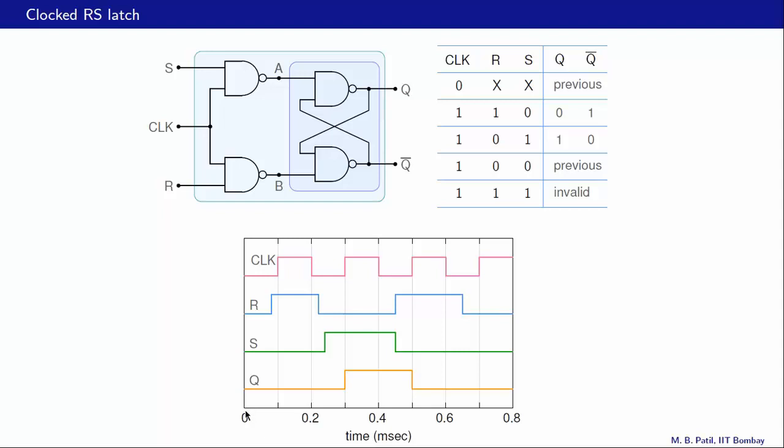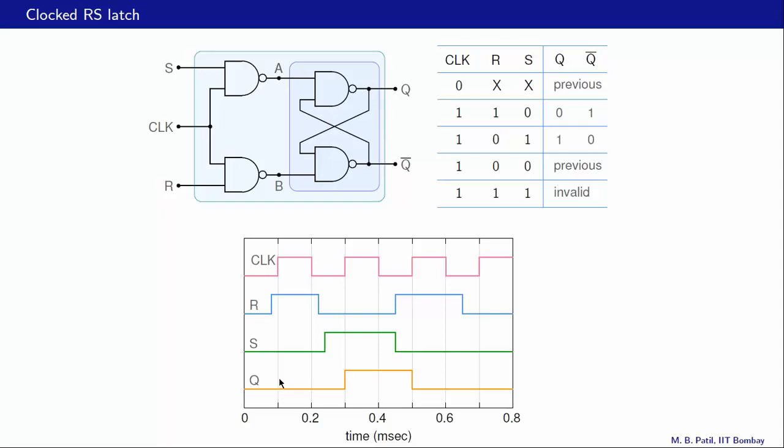So at T equal to 0, we have Q equal to 0. Now, as a result of these inputs and the clock waveform, let us see what Q should be. Point number 1, nothing would happen when clock is 0. So up to this point, nothing is expected to happen, because when clock is 0, Q just continues with its previous value. So that happens up to here.